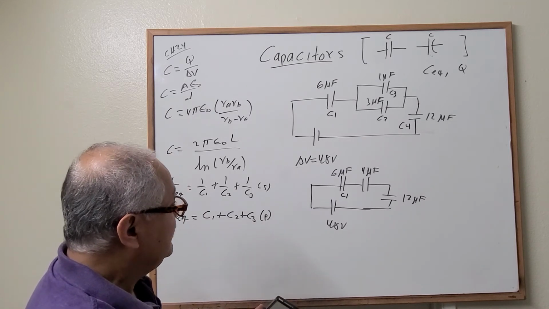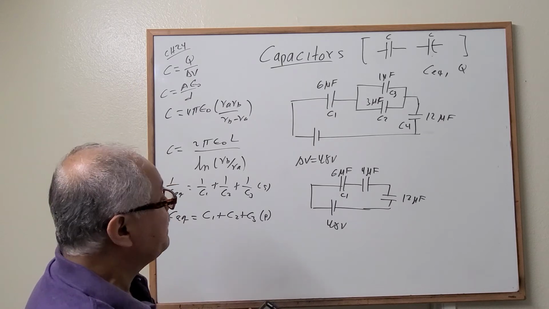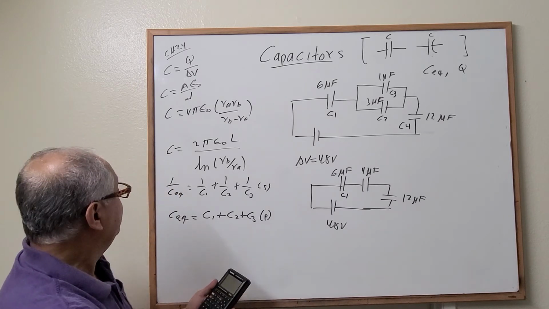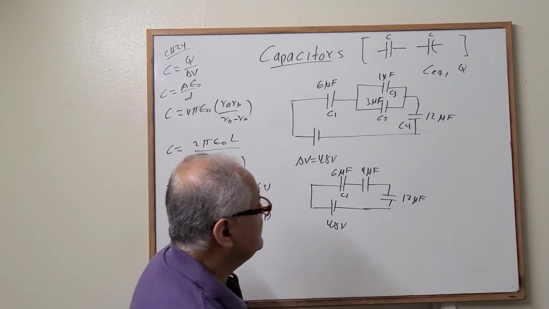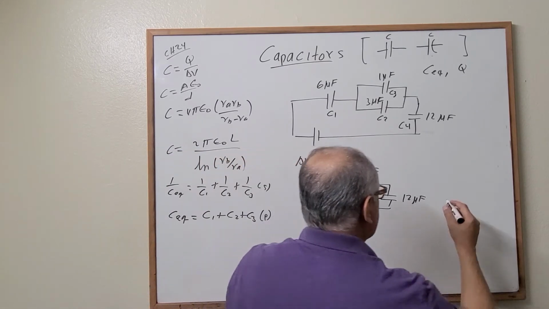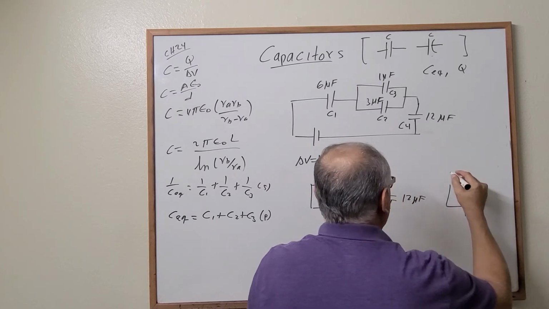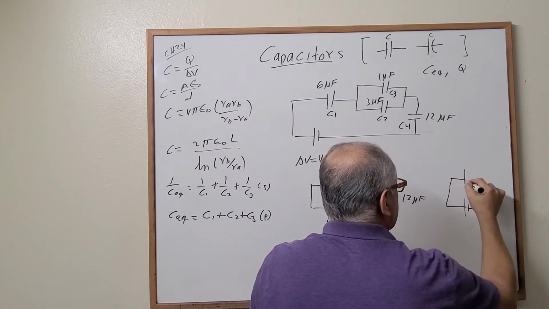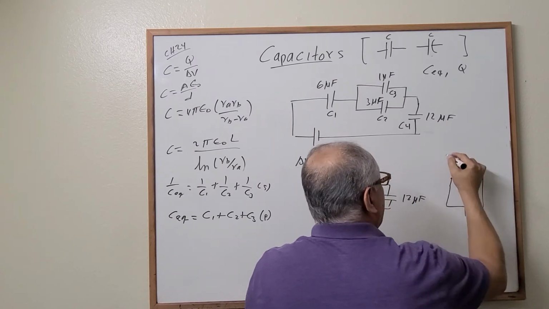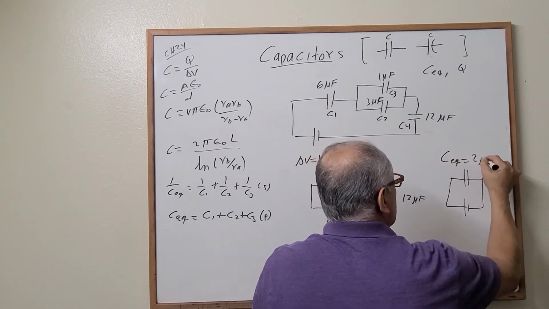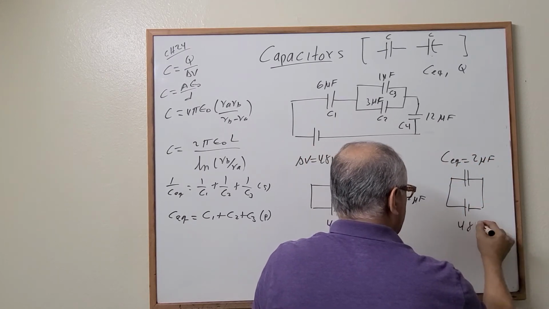Perfect. Now this is in series. It's equal to 2. Great. So what do we have then? We finally have the equivalent capacitance is equal to 2 microfarad. This is 48 volts.